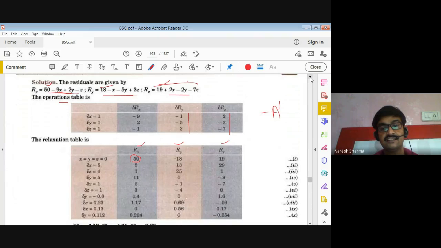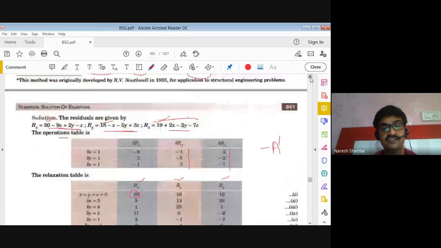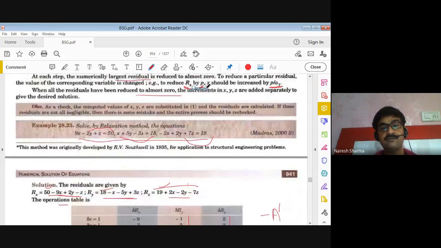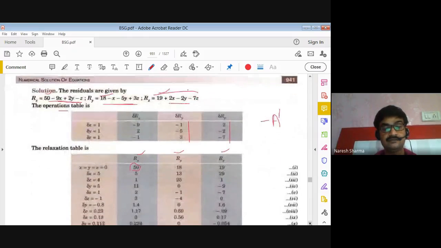To reduce Rx by p, which is 50 here, we increase x by p by a1, that is 50 by a1.